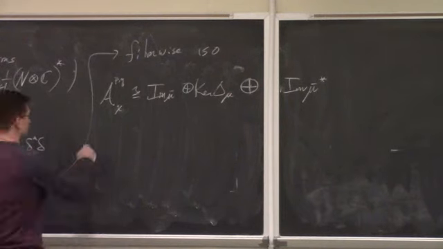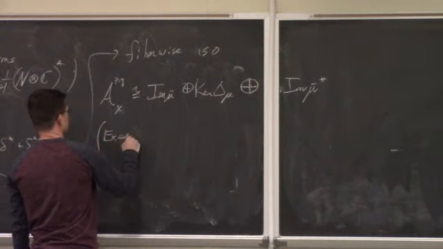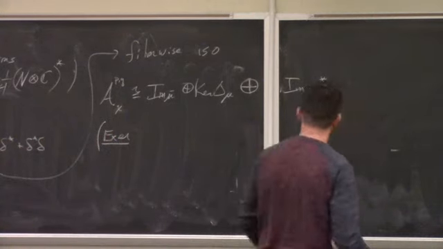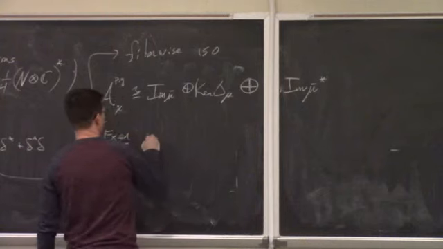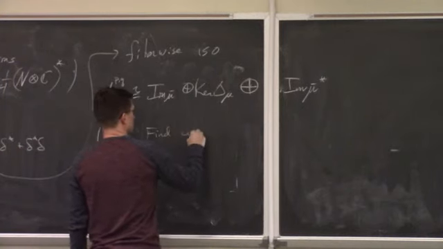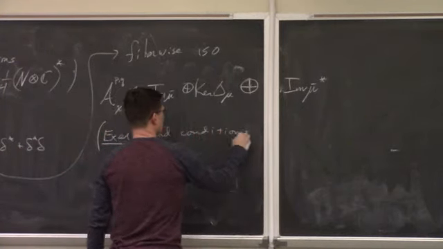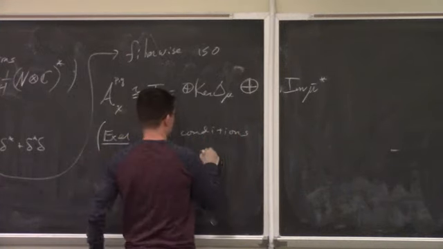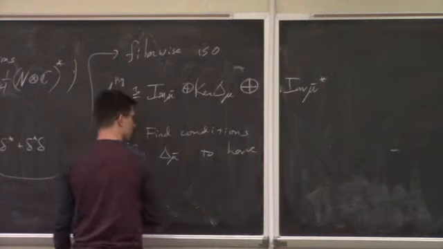Let me give a funny exercise. It's not an exercise, it's one of these things that is simple when you say it, but it's very hard to do. Problem: find conditions for this Laplacian type operator to have a non-zero eigenvalue.